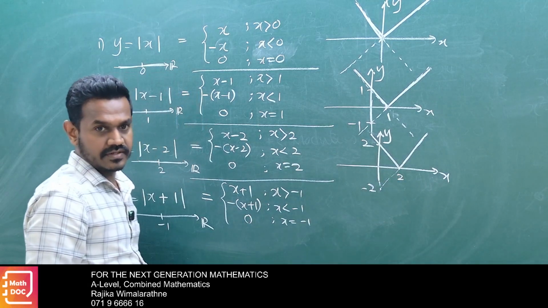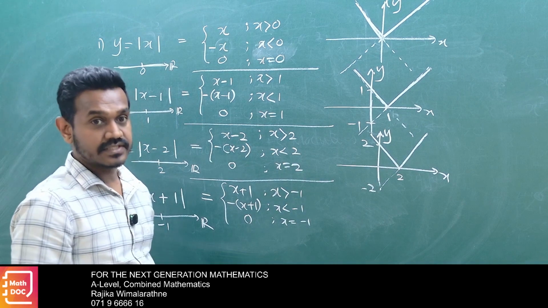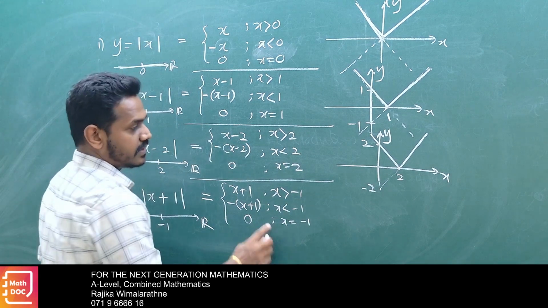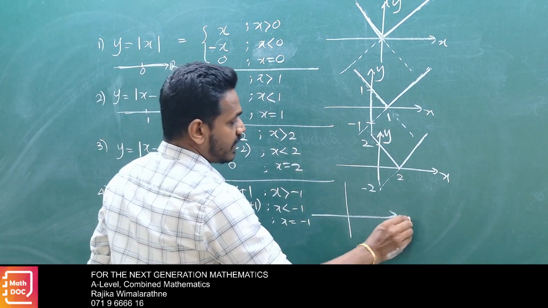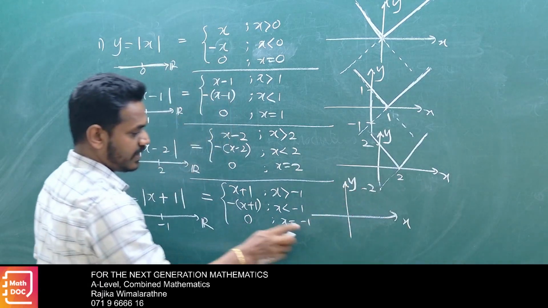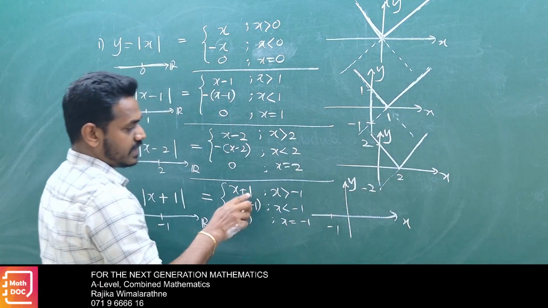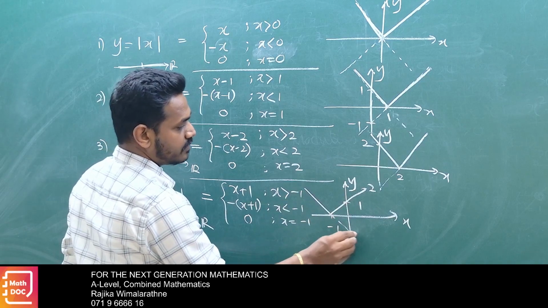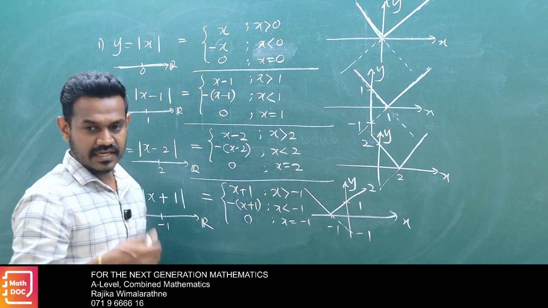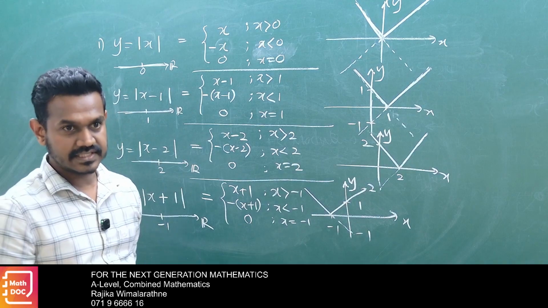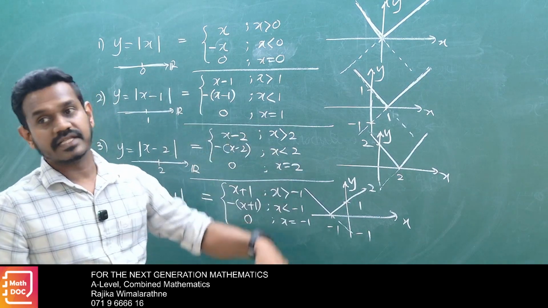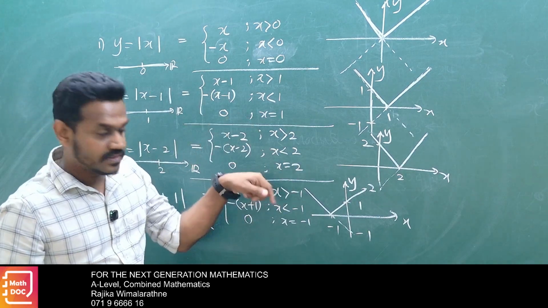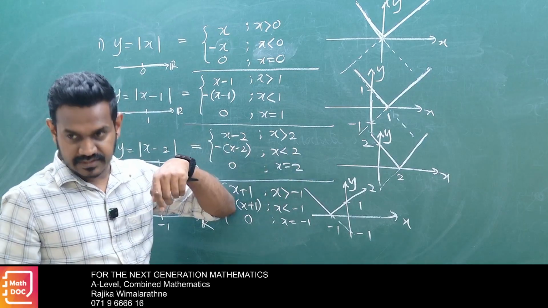So now remember, linear function, modulus, V-shape graph. Now take this x-axis, y-axis. Here minus 1, 0, mark it. Then intercept 1, sketch a V-shape. 1, minus 1. Now we can directly, easily sketch a linear modulus function, but the definition is that later we analyze this and sketch it.